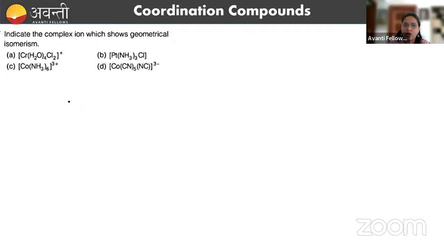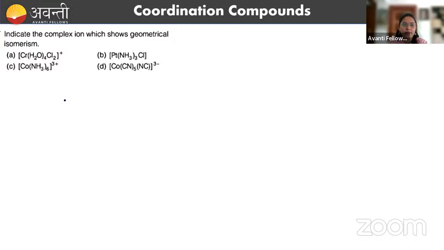Geometrical isomerism means what? Which will show cis and trans isomers. Right now it is octahedral complex. For octahedral complex, which will show the cis and trans? Tarun? C. Okay. Chaitanya? A. Okay. Very good.